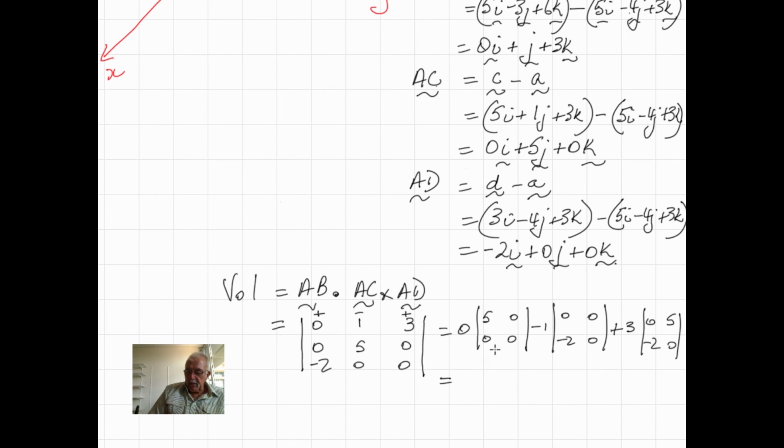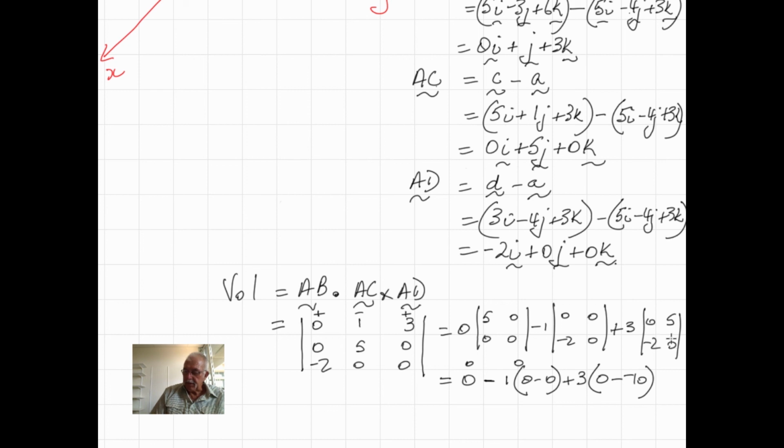Alright, we've got a 0 there, so it doesn't matter what this works out to be. That'll be just equal to 0. Minus 1 inside of, once again, 0 minus 0, so that's going to be equal to 0. And then we've got 3 outside of 0 minus negative 10.